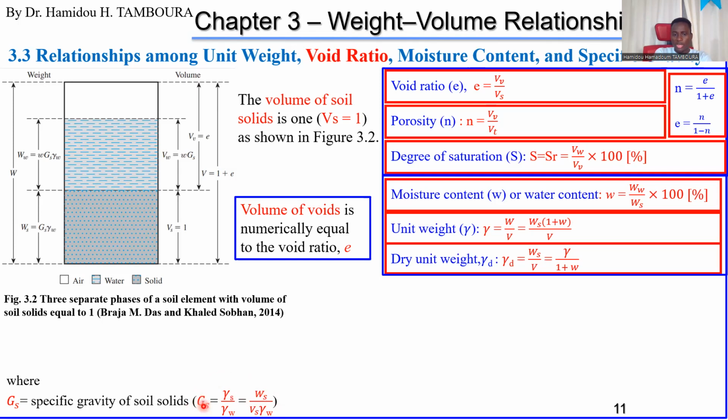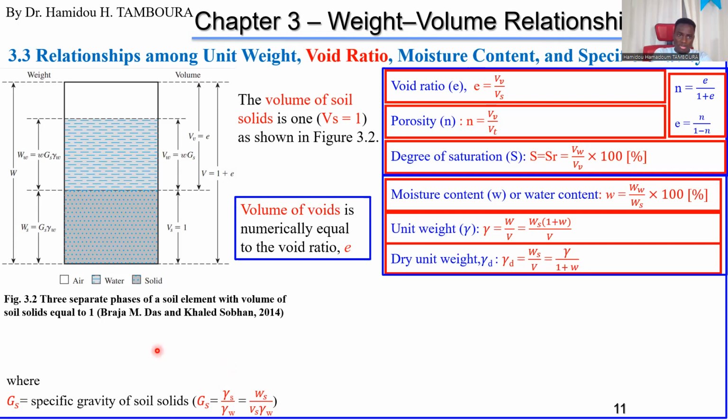So the specific gravity will be equal to Ws, the weight of solid, divided by the volume of solid times the unit weight of water.